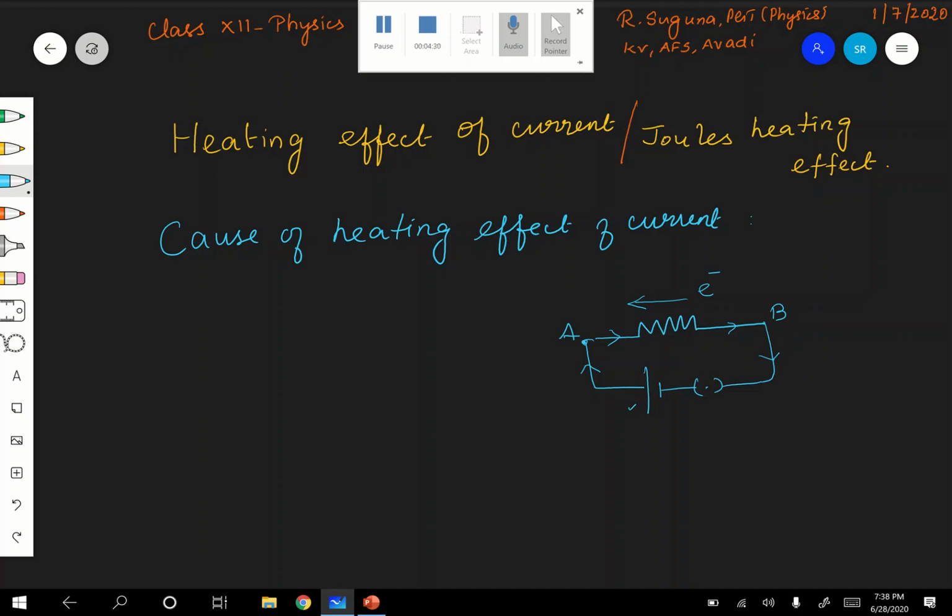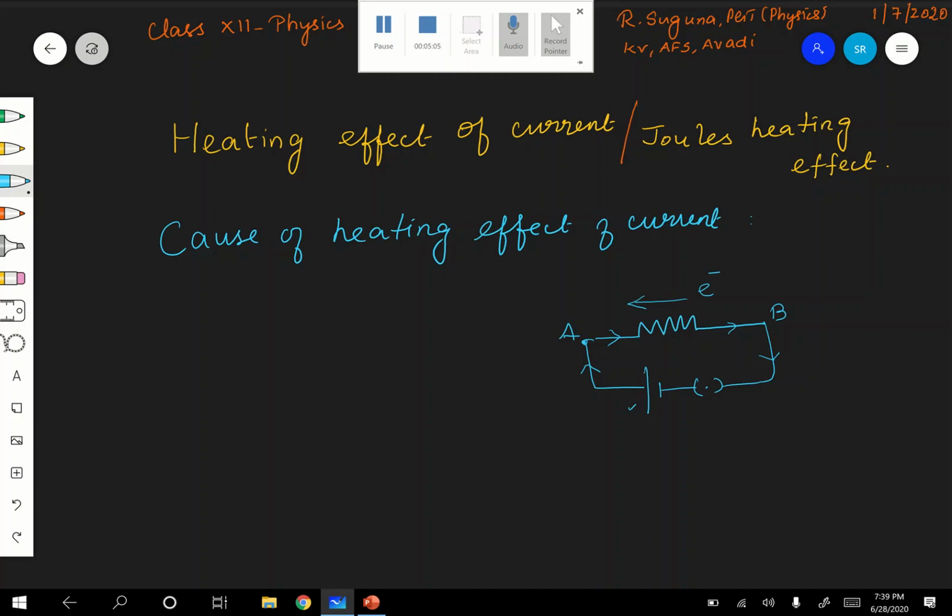Once they are accelerated by the electric field, they get some extra kinetic energy, in addition to the thermal energy they already have, which we have already seen. So the electrons already have some thermal energy, and in addition to that, they get some extra energy.